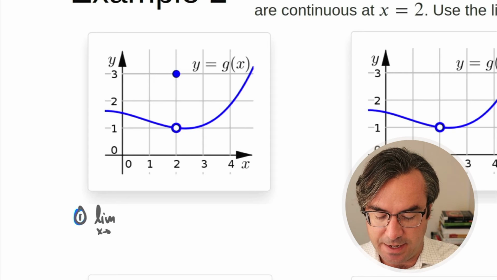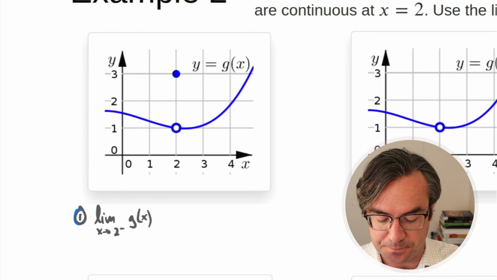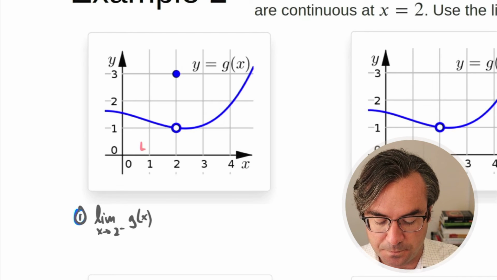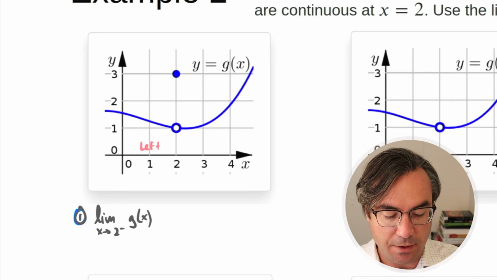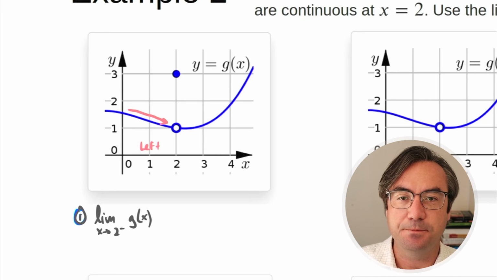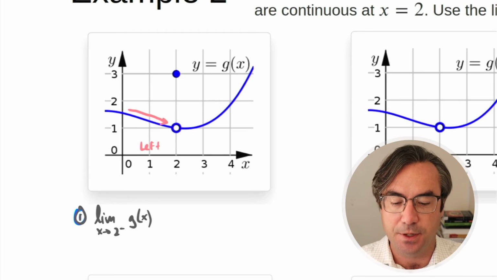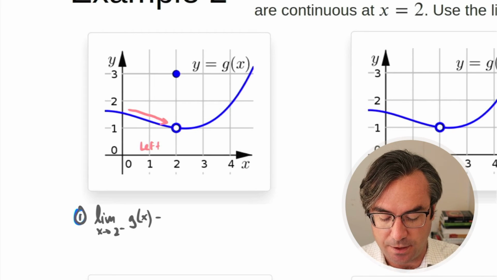So let's do the limit as x approaches 2 from the left. If we look at our left-hand limit, again we imagine walking along the curve to see which point we're approaching. In this case, it looks like we're approaching this point, and the y-coordinate for that is 1. So our left-hand limit here is 1.